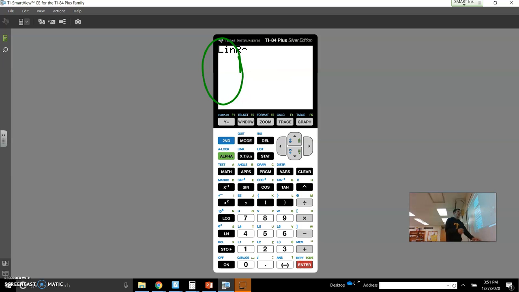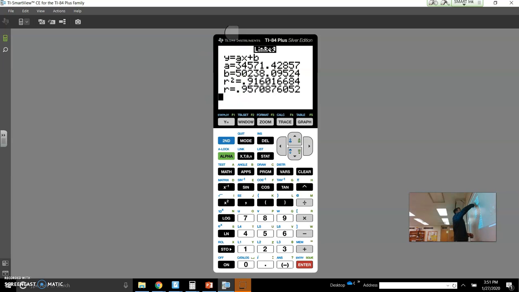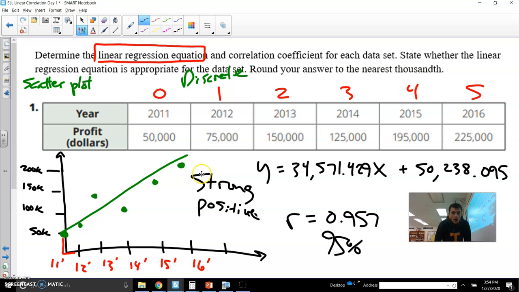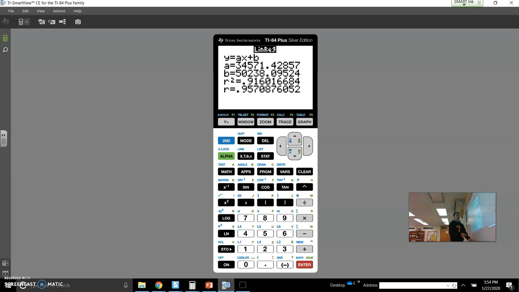So when we're looking at our equation here, there are some important things to take away from it. First of all, the A and the B value, this is what's going to help me write my equation. So it looks like, I'm going to pause the video and write. All right, so I'm back, and I have taken a moment to look at my equation, y equals ax plus b, and I have looked at my A value, looked at my B value, and substituted them in to that top equation.